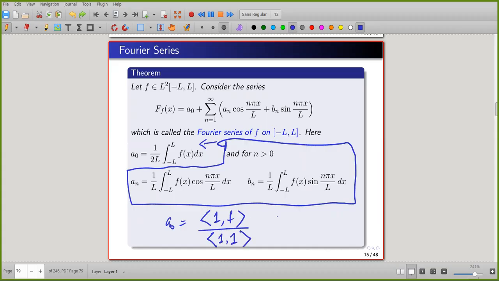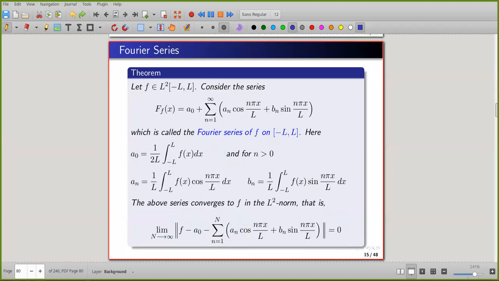If you remember, every time we wanted to write a series, an is going to be the inner product of the function cos(n pi x by L) with f of x, divided by the inner product of that function with itself. So when you evaluate this, you will exactly get this expression, but I've just written it directly.